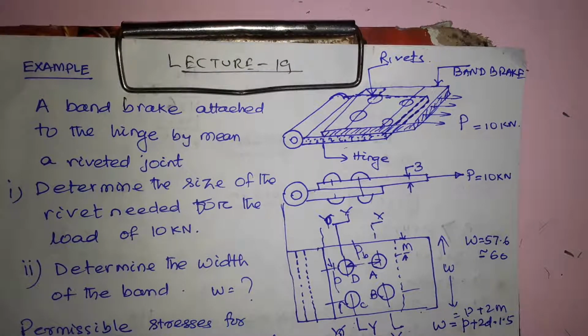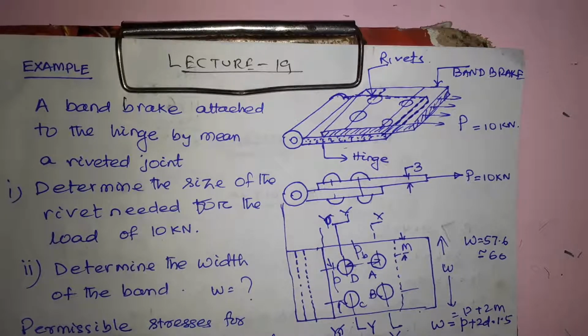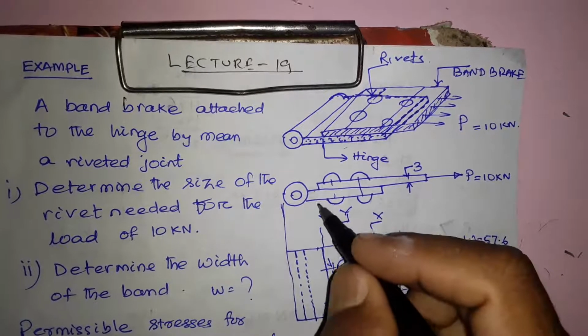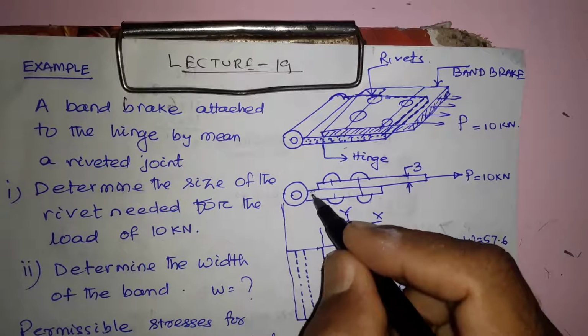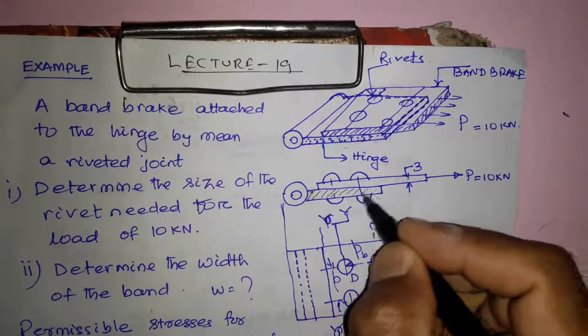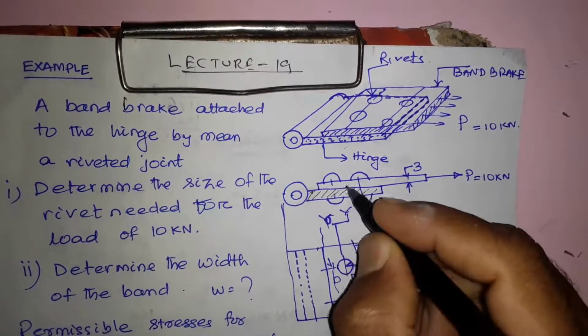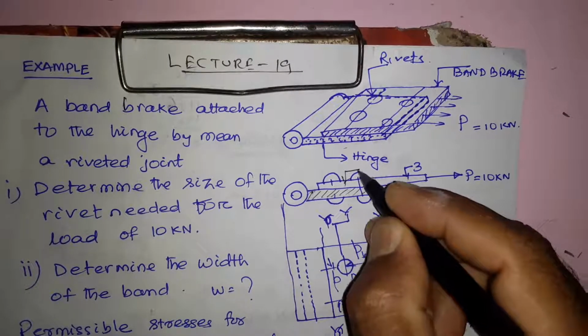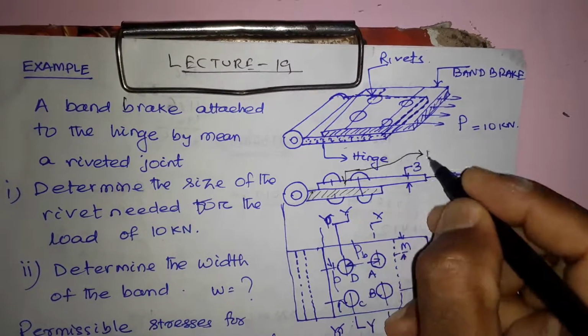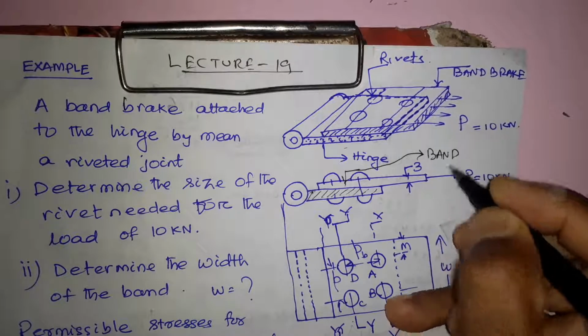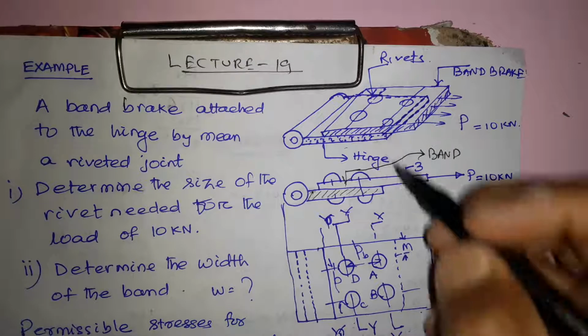So in this case it is asked to find out, this is the side view. This one is the hinge, and the top one is the band brake. This one is band. So they are riveted.